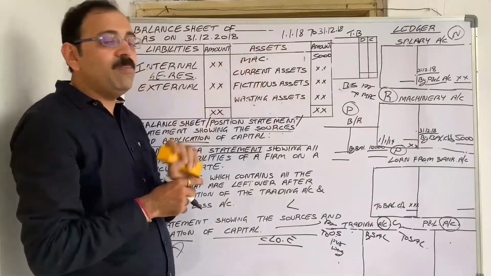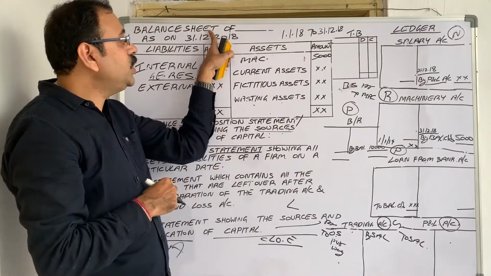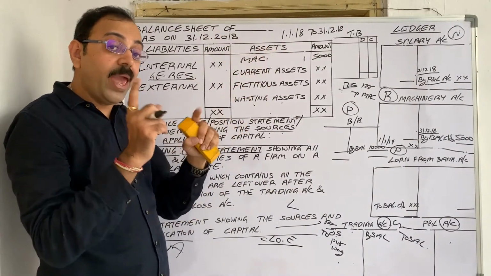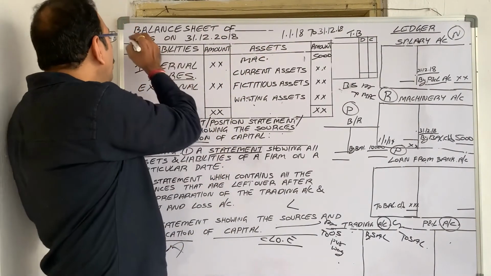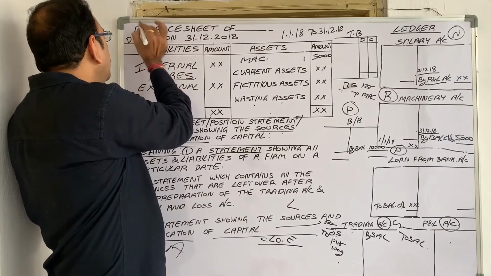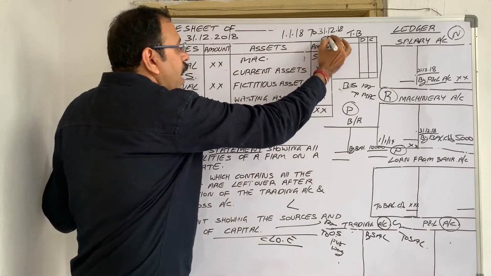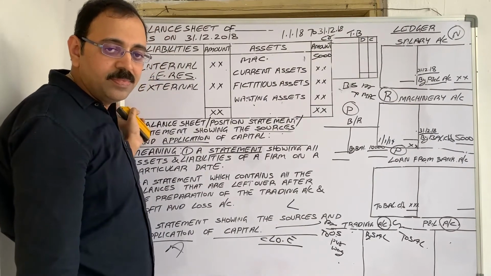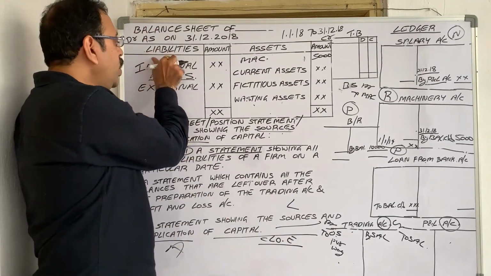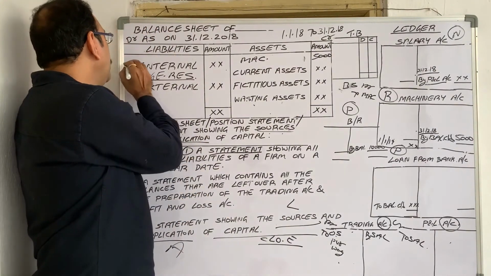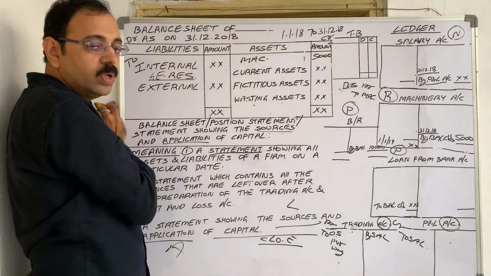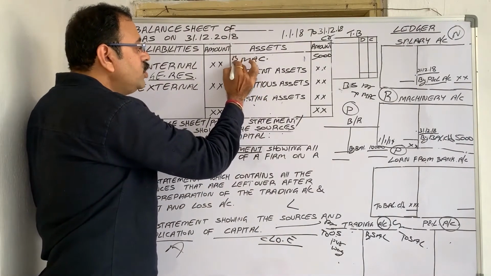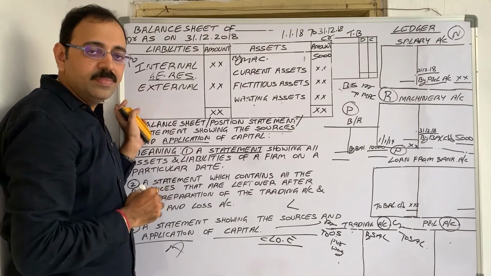If we post in the balance sheet, it is to be prepared in the form of an account. Then on the two sides we have to mention debit and credit symbols. Similarly, whatever you write under liabilities, you have to start with 'to'. On the asset side, we have to start with 'by'.